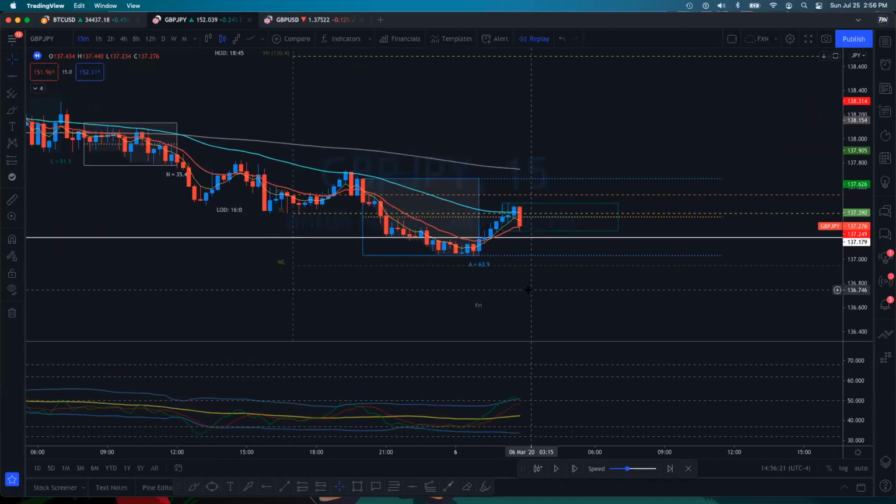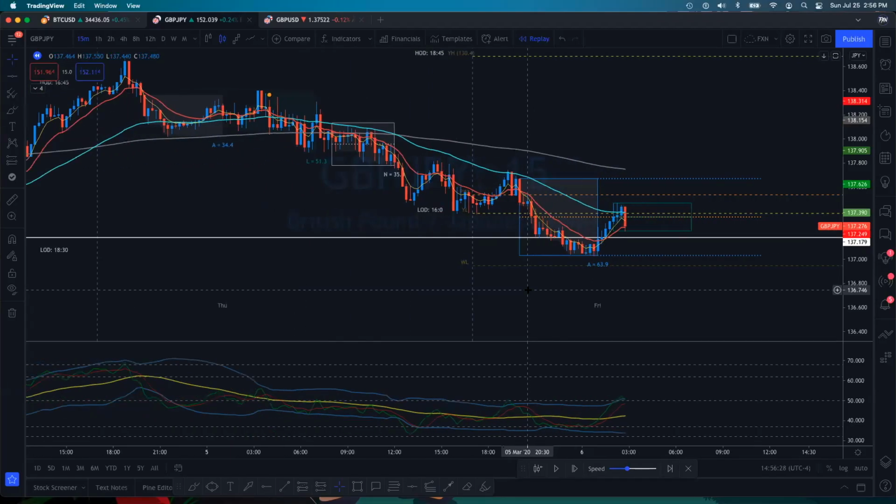So what would you guys say there? Would that be a type 3 setup that you would take? Okay, so what would you need to enter the trade? Ward: pullback to the middle.